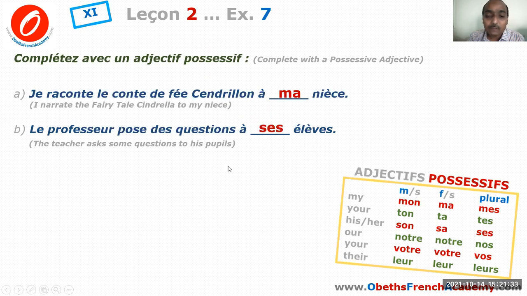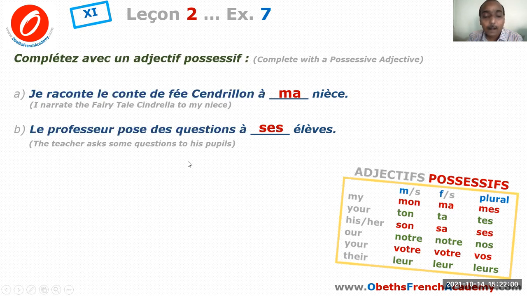I hope you understand why we have chosen ma: because the subject is je. So we need to take this row, any one from this row. But why have we chosen MA? Because the noun after the dash is a feminine singular noun. So we know why we have chosen this row and which column. Say his pupils.